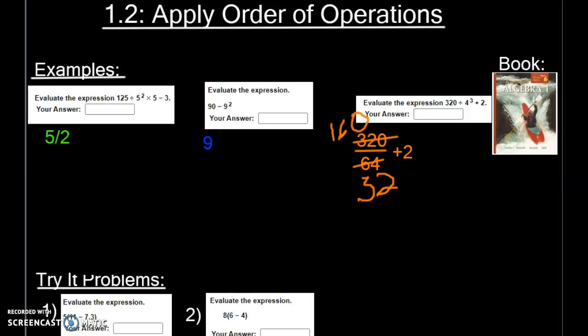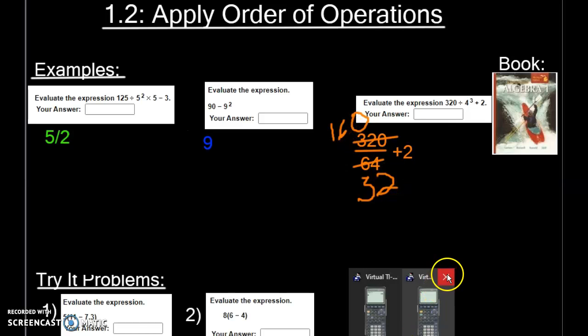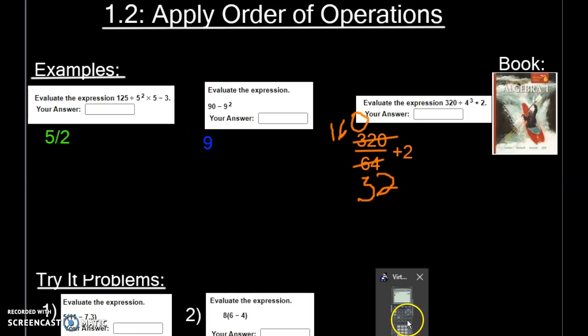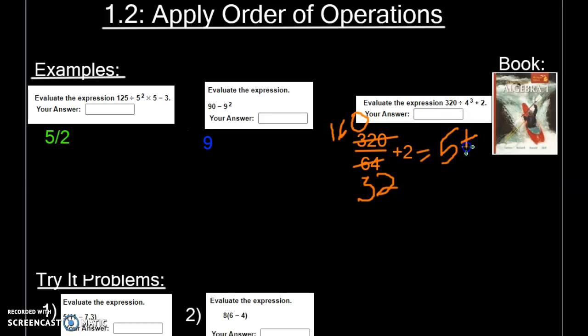We can further simplify this, and once you do all of that, you'd get that to be equal to 160 over 32, which would equal 5. So you'd get 5 plus 2, which is equal to a 7.